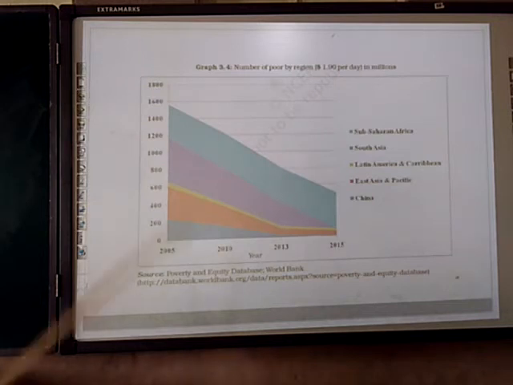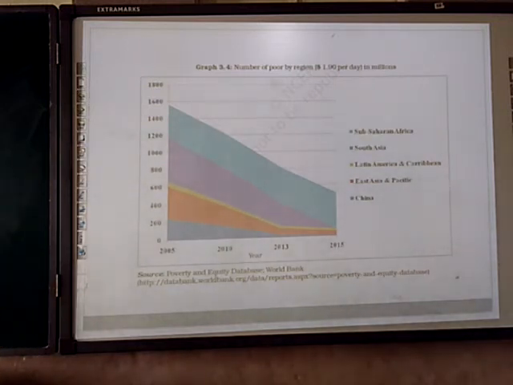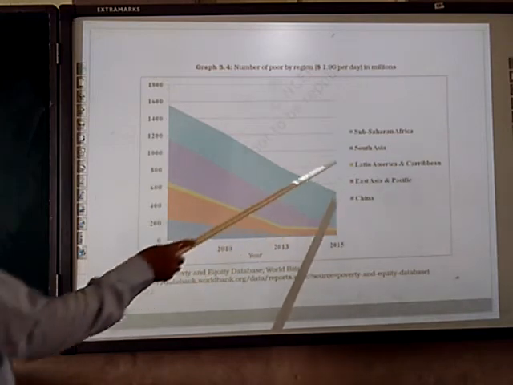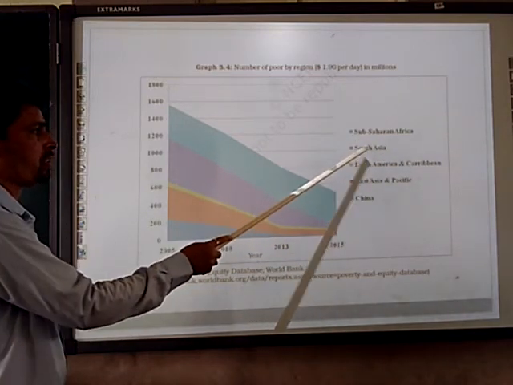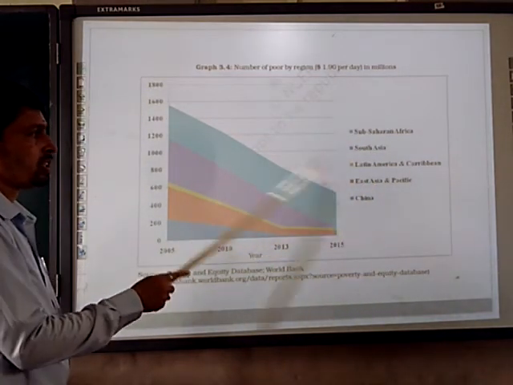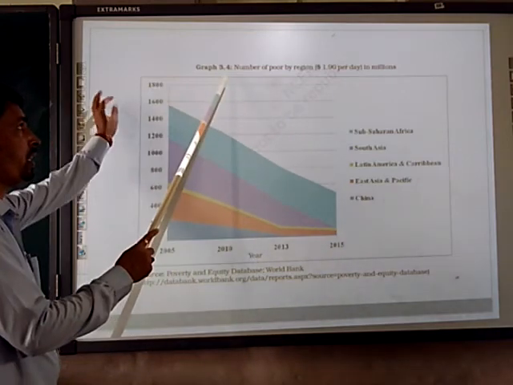Next, see graph number 3.4. Please observe graph number 3.4 properly. It shows the number of the poor by region. Here we again see Sub-Saharan Africa and South Asia, as in graph number 3.3.